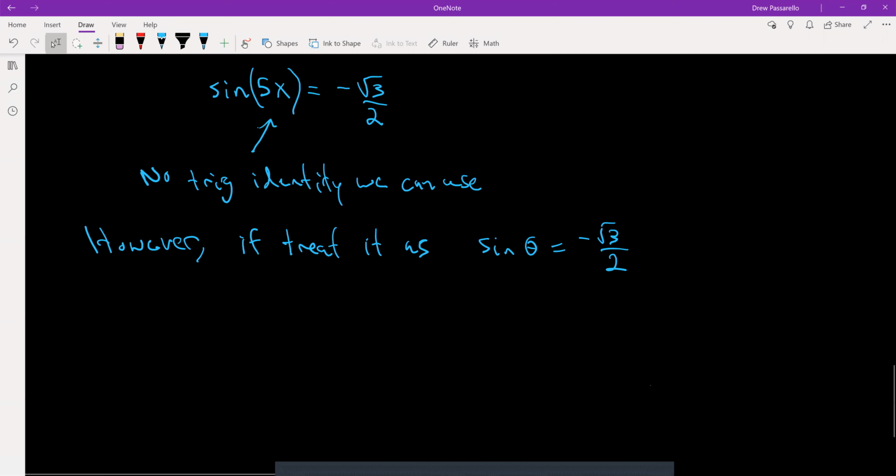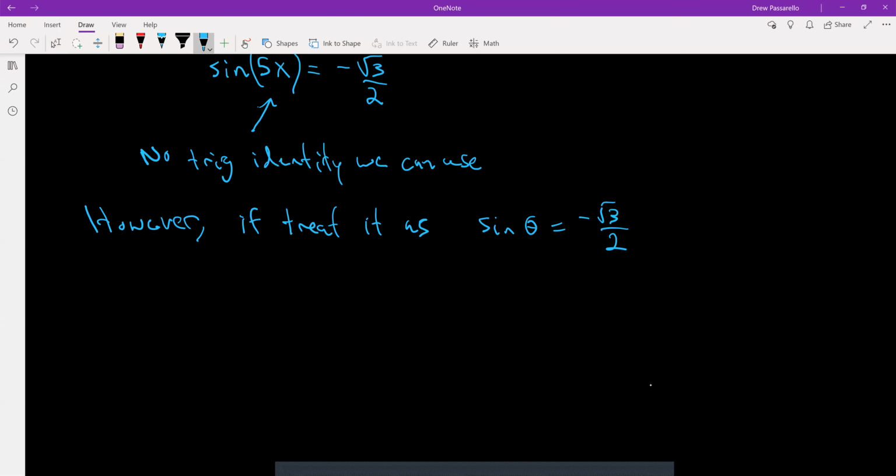All right, so from the unit circle, where sine is negative square root of 3 over 2, that occurs at 4 pi over 3 and then 5 pi over 3.